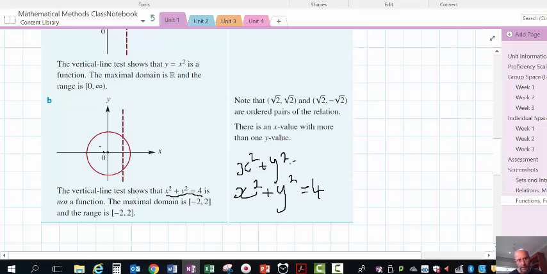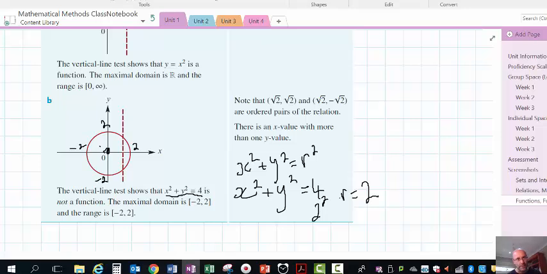Basically the form is x squared plus y squared equals r squared, where r is the radius. So that would be, in this case, 2 squared, so the radius is 2. So that will produce a circle with the center at 0, 0, at the origin in other words, and it will have a radius of 2. So it cuts at x equals 2 there, and negative 2 there, and y equals 2 there, and y equals negative 2 there.